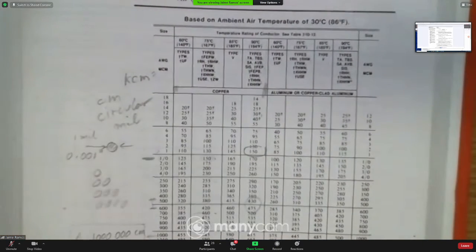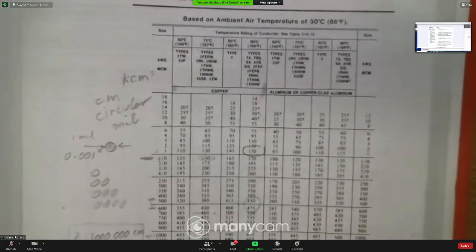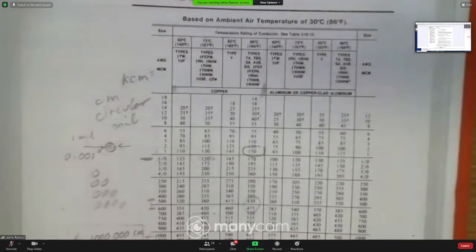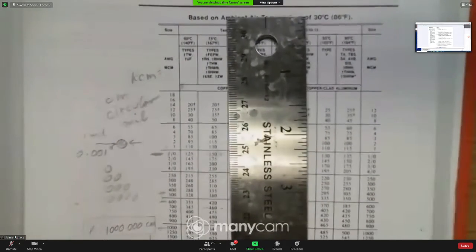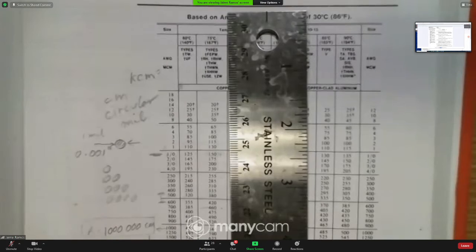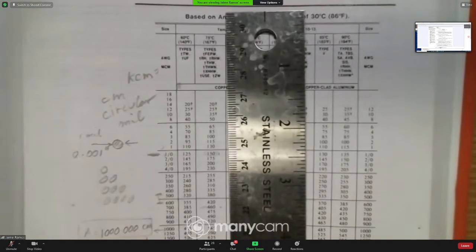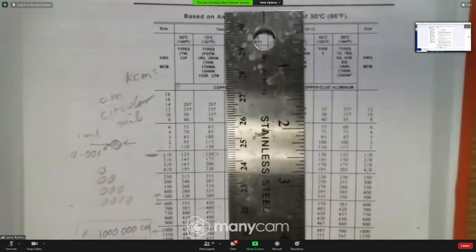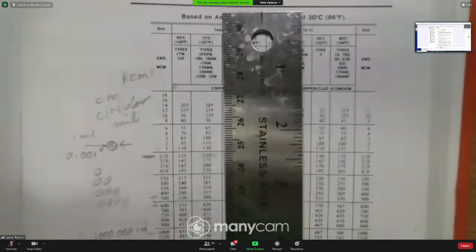It doesn't say 75-degree conductor, it says THW. So that's the THW. And then we are looking for 134 amps. So 134 amps is right there.